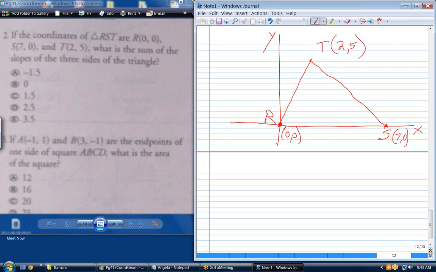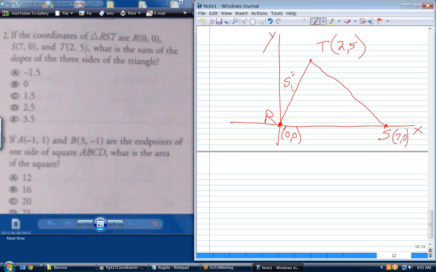Well, what's this slope here? Wouldn't that be, except that I don't know which one's what. What's the slope between the points 2, 5 and 0, 0? In other words, it's the same as question 1.